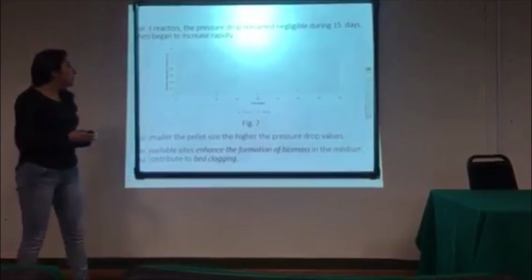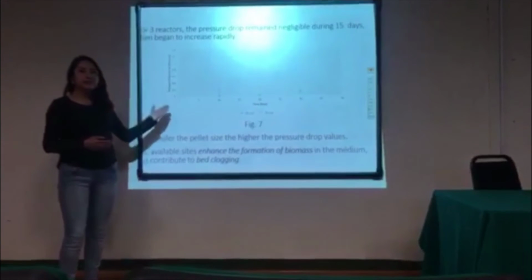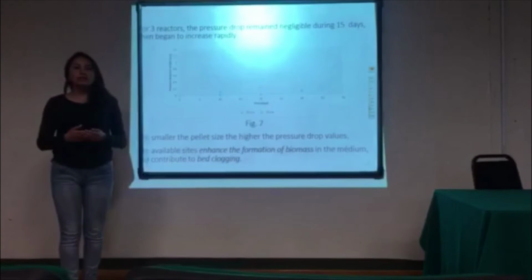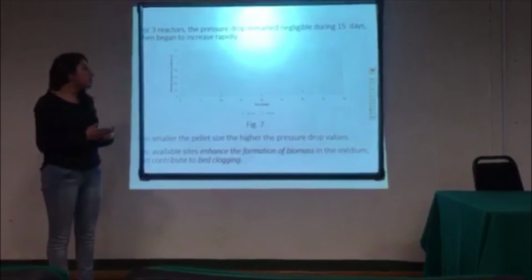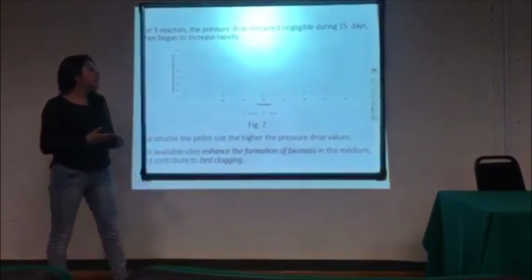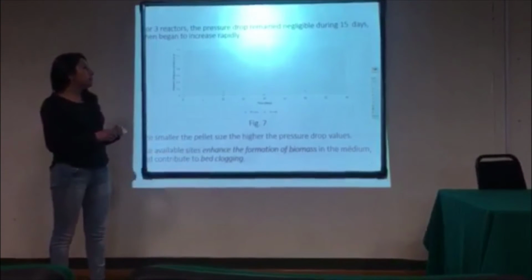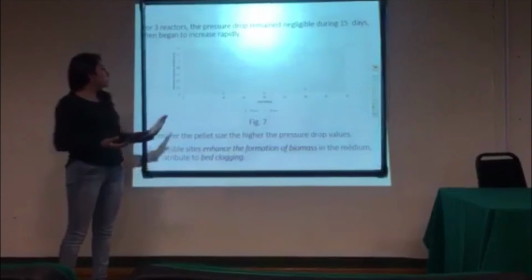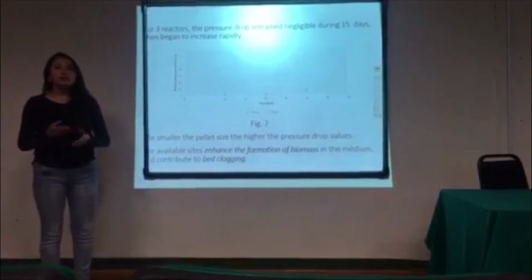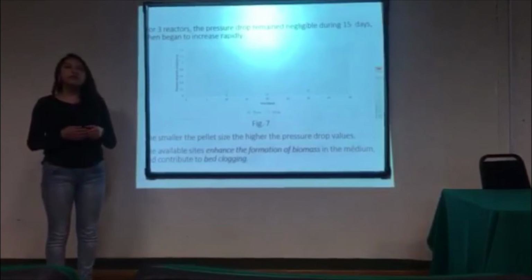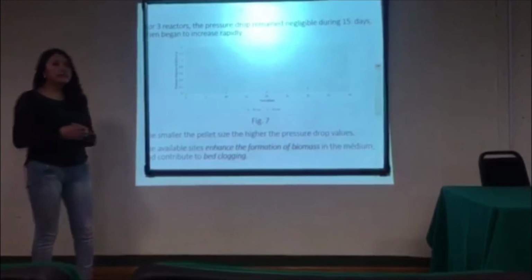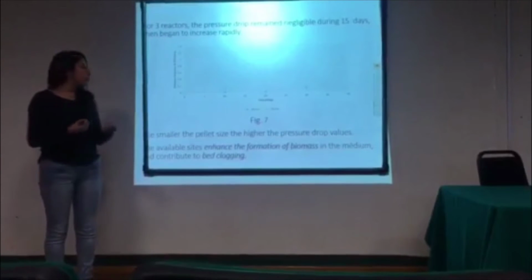Well, now we have figure 7, time against pressure drop in the three pellet sizes, small, medium, and large. As we can see, from day 20 to day 30 there is a big increment, because from day 0 to day 20 the pressure drop remained negligible for almost 15 days. Then it began to increase rapidly. What does it mean?